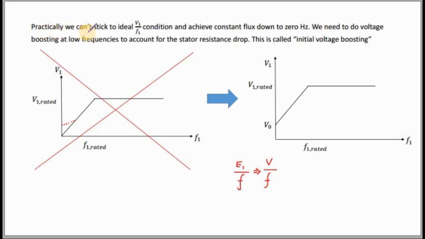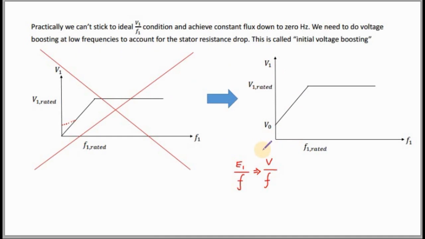Practically we can't stick to the ideal V1 divided by F1 condition and achieve constant flux down to 0 Hertz. We need to do voltage boosting at low frequencies to account for the stator resistance drop.